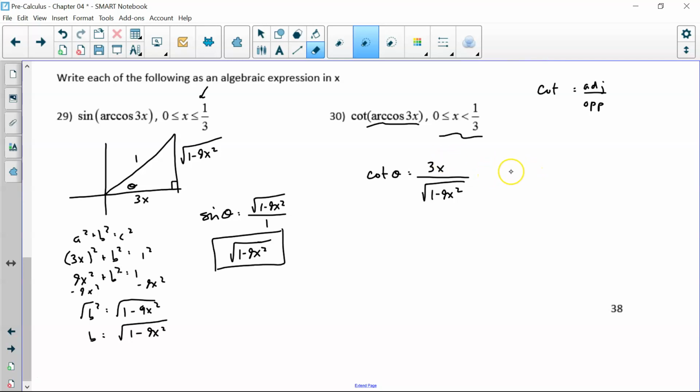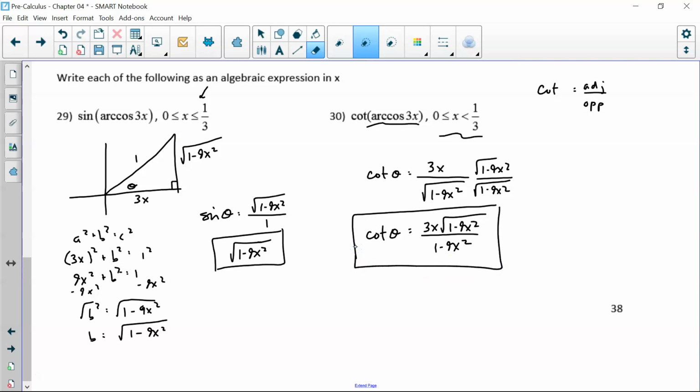So we could leave it like this, or we could rationalize it by multiplying by the square root of 1 minus 9x squared over the square root of 1 minus 9x squared. So the cotangent of theta is 3x times the square root of 1 minus 9x squared over 1 minus 9x squared. So we could write it either way.